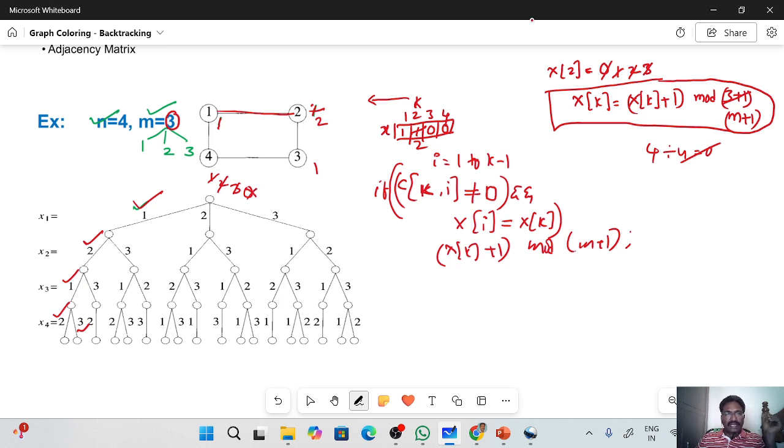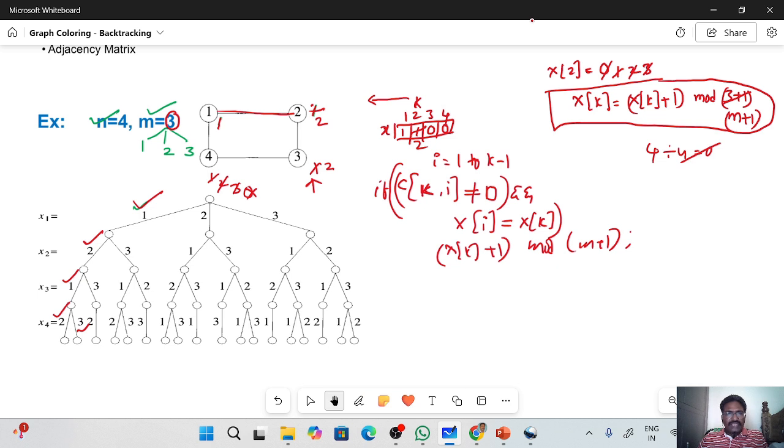Then take the backtrack. You are at this node. So then what is that path? 1, 2, 3 visited. Then what is the color for vertex 3 as of now? Considering color only 1. Then I go with the increment by 1, 2. So is it possible with the 2? I am going to check it.